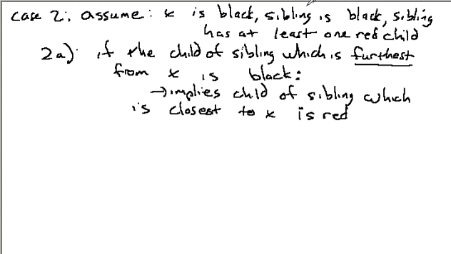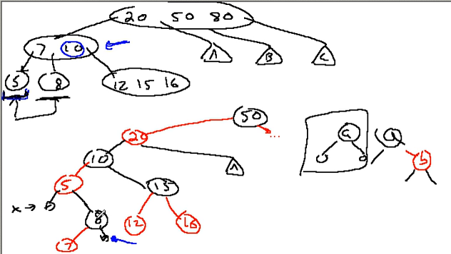So if we're in case 2, one of the children of x's sibling is red, at least. And if the one further from x is black, then the one closest to x has to be red, because one of them has to be red, and it's not the furthest, so it's got to be the closest. One of the two children of 8 is red, because that's why we're in case 2 to begin with. It's not the furthest one away, so therefore this has to be red.